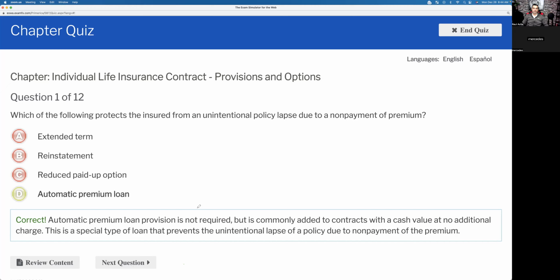So if the policy has cash value, then after the grace period, this provision is going to pay the premiums so that the policy doesn't lapse.